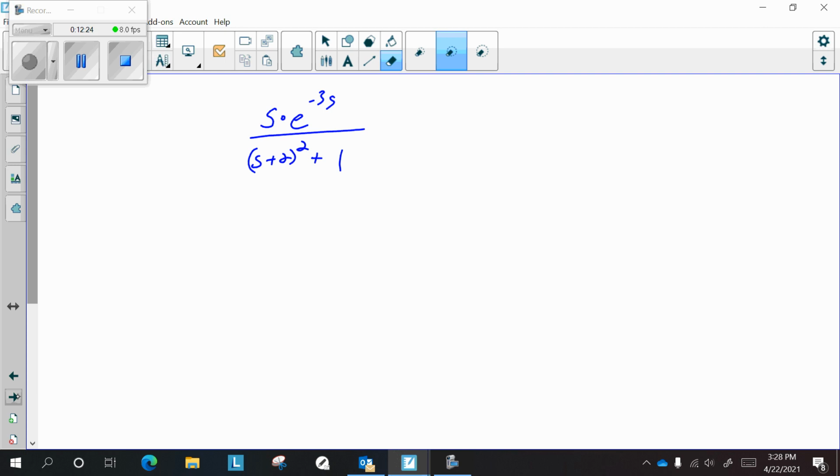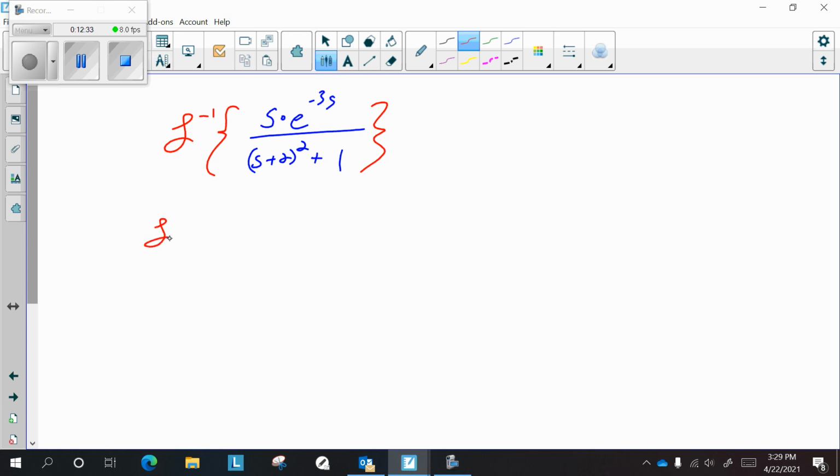Let's look at another. Let's look at this one, and let's find the inverse Laplace of this. So let's rewrite this as e to the negative 3s times s over s plus 2 squared plus 1. So this is our e to the minus as, and this is our big F of s.